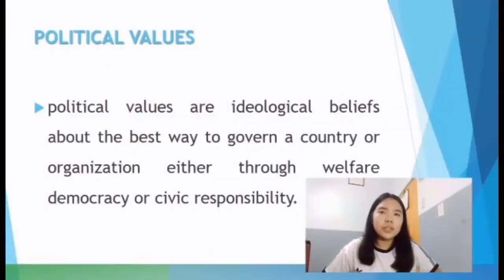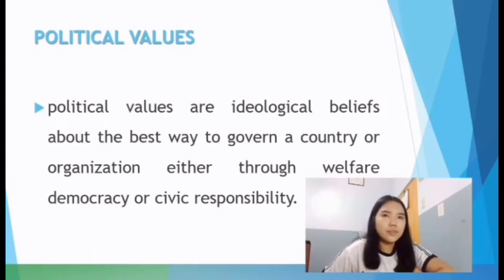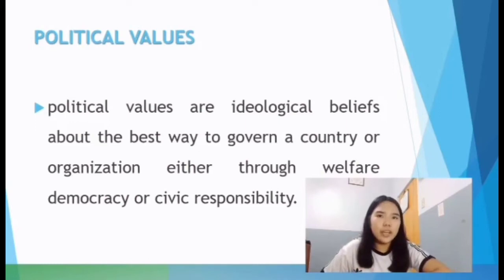Political values. It was stated here that political values are ideological beliefs about the best way to govern a country or organization either through welfare, democracy, or civic responsibility. In other definition, it is a set of beliefs, principles held by an individual or group which guides their general behavior and attitudes towards political objects like leaders and events or ideologies.